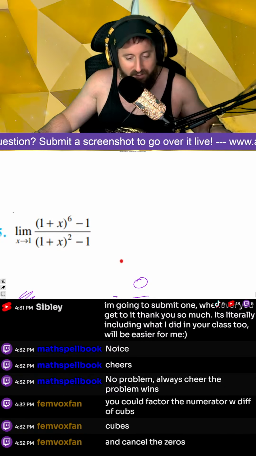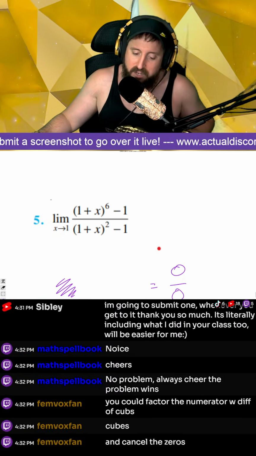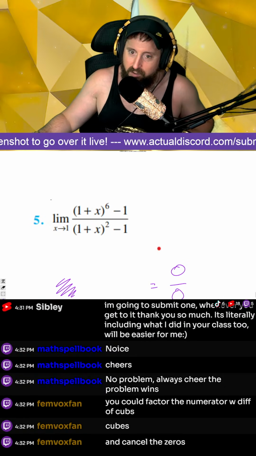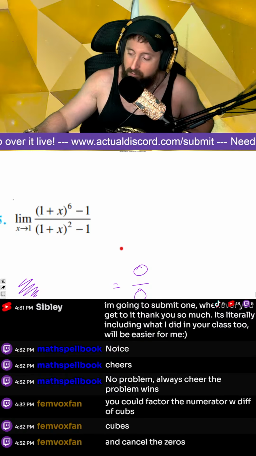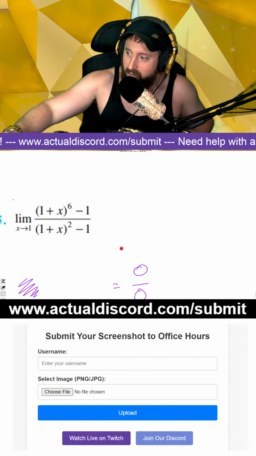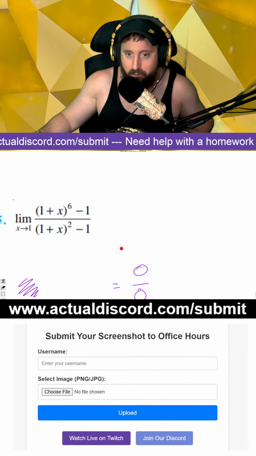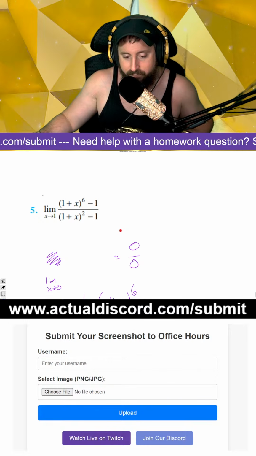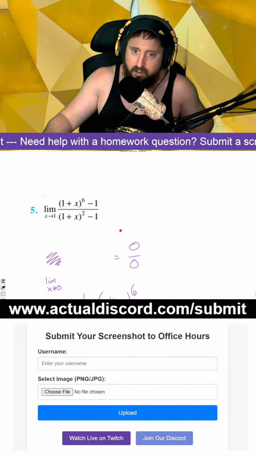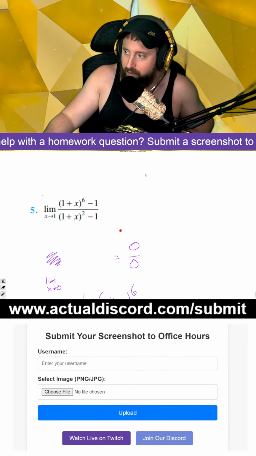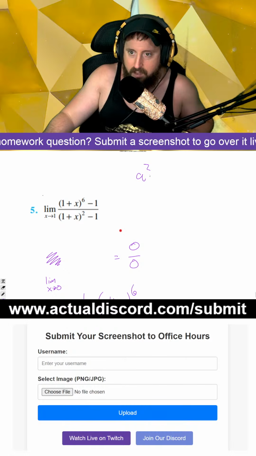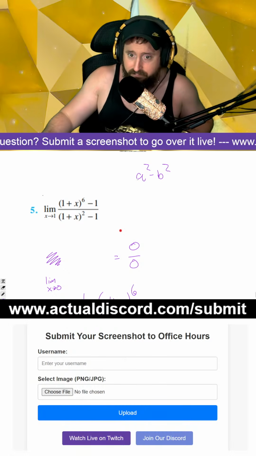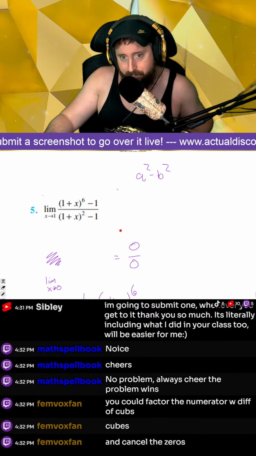Thank you. But I don't really know difference of cubes. You could do difference of squares, right? Yeah, I don't know if I know the formula for difference of cubes. But yeah, you could say this is, for instance, here, just real quick, a squared minus b squared.